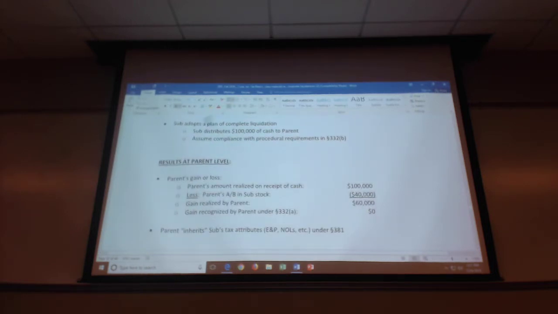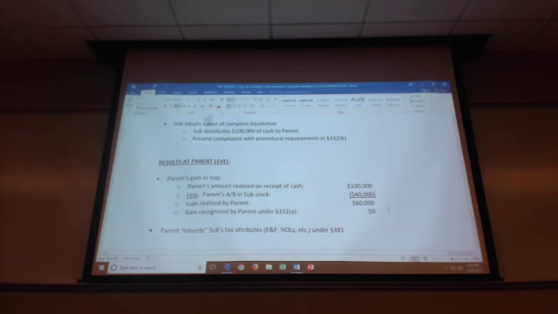The basic concept here. If you were applying Section 331 here, parent has a basis of $40,000 in stock, it gets $100,000 of cash, it realizes $60,000 of gain. The code, 332(a), says no gain is recognized.